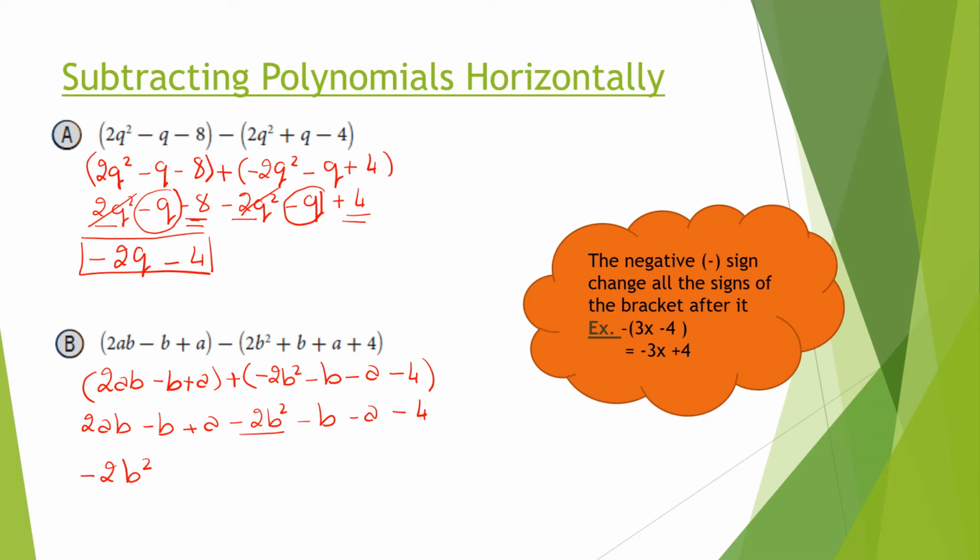And I have here 2ab, also has nothing to be combined with, positive 2ab. Then I see I have here negative b and negative b, so they are negative 2b, and positive a will be cancelled with negative a, and then at the end the negative 4, and here's my final result.